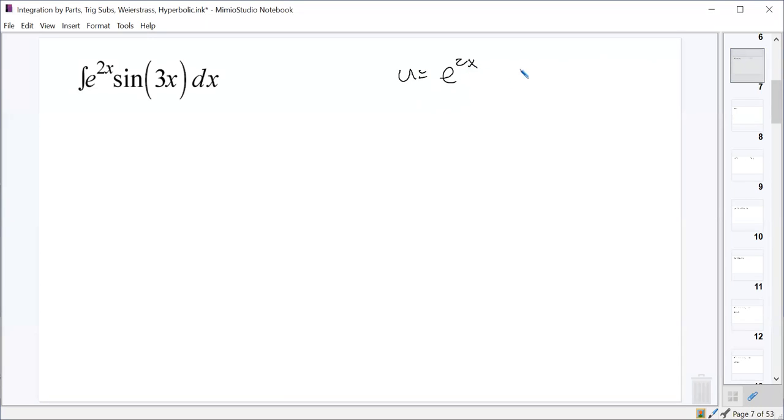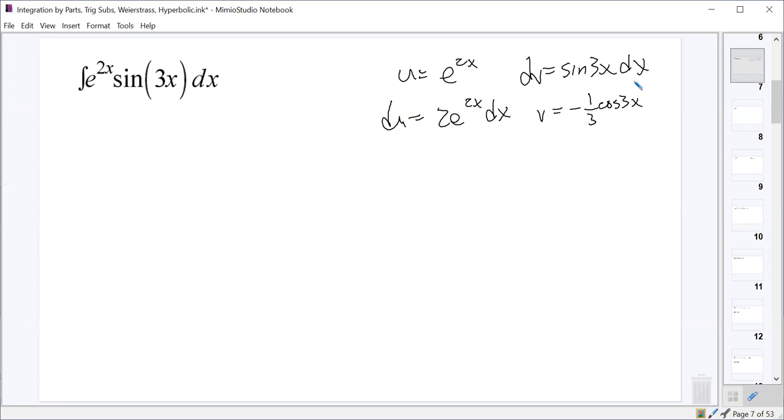Okay. What do you want dv to be then? I assume sine 3x dx. So what's du? du ought to be 2e to the 2x dx. And what should v be? Negative 1/3 cosine 3x.